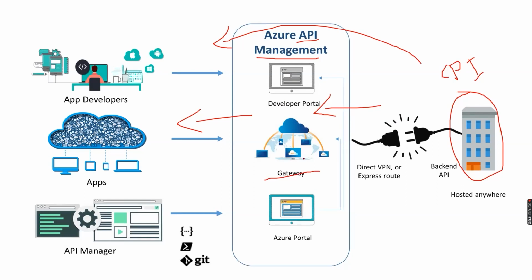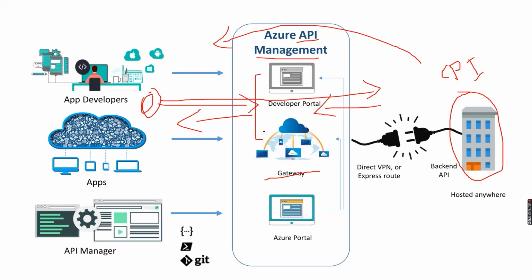Now, the gateway means that whenever you want to request some data, instead of directly requesting from the backend system, you send a request to the API management. Here is the gateway.